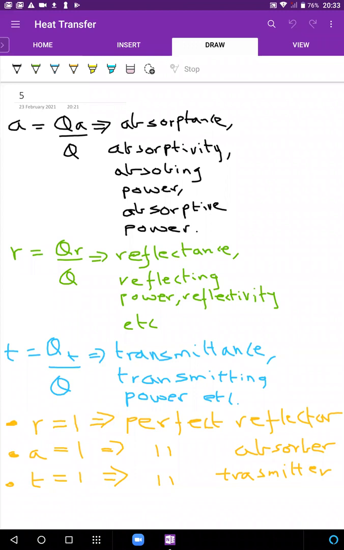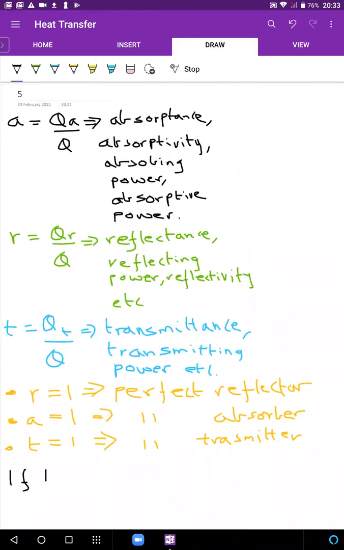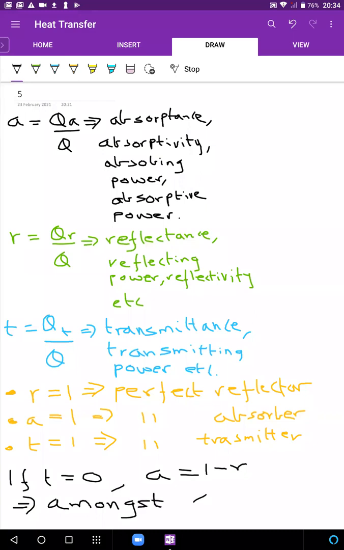In fact, if you talk about opaque bodies, I just want you to observe that if T is 0, then of course the body is opaque. Then you get to see that A is 1 minus R. So if A is 1 minus R, that means amongst opaque bodies, good absorbers are bad reflectors and vice versa.